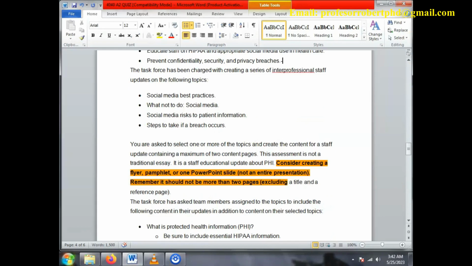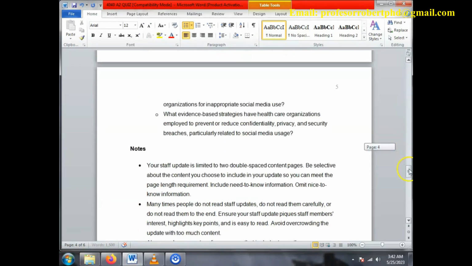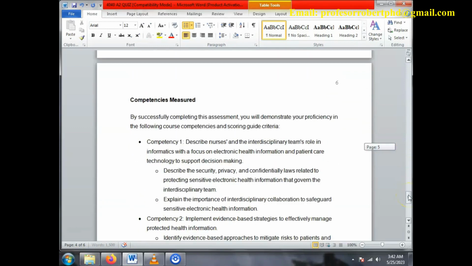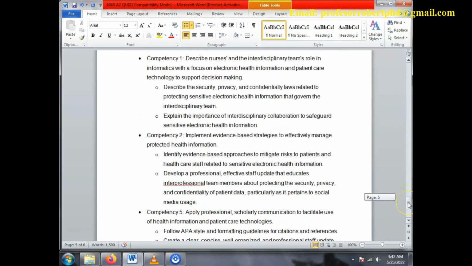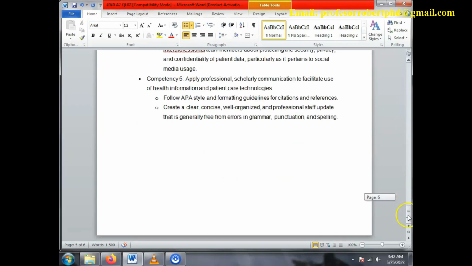Explain the importance of interdisciplinary collaboration to safeguard sensitive electronic health information. Competency 2. Implement evidence-based strategies to effectively manage protected health information.